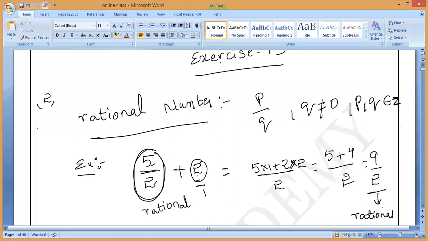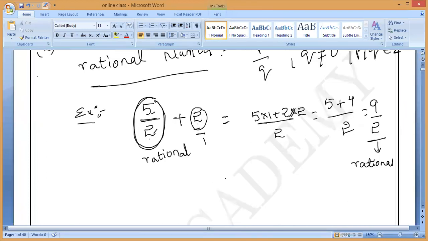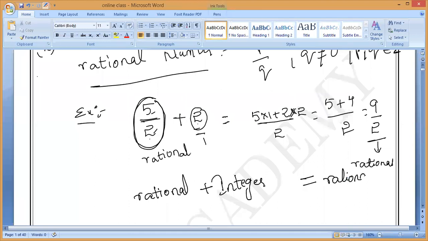So it means a rational number plus an integer, any integer, will become a rational number. Do you understand?